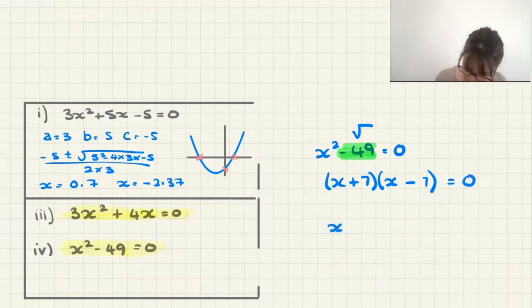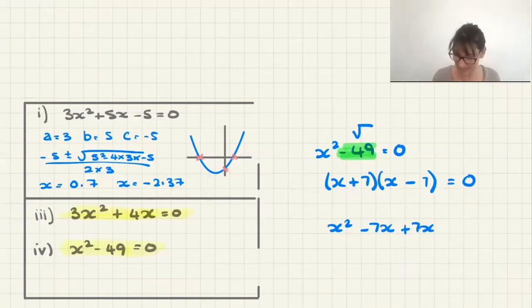X times X is X squared. X times minus 7 is minus 7X. X times 7 is plus 7X, and 7 times minus 7 is minus 49. And if you look now, you can see that minus 7X, add 7X, cancels each other out.